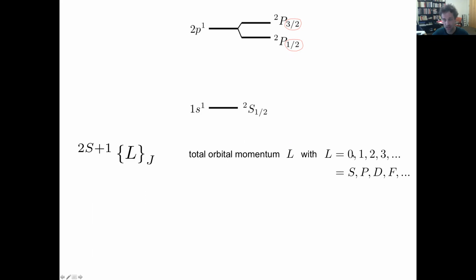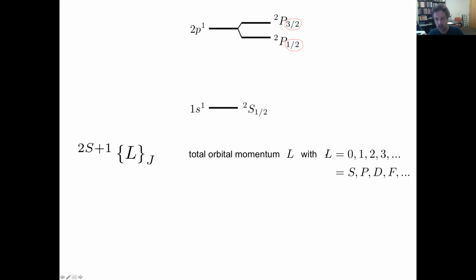L equals 0 is called S, but not little s, it's called capital S now, because it relates to the total orbital momentum, not of a single electron, but can also relate to the orbital angular momentum of 2 or 3 or 4 electrons, as we will see next time.